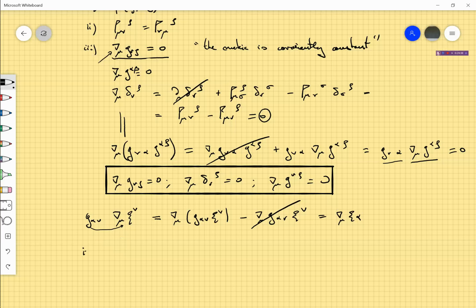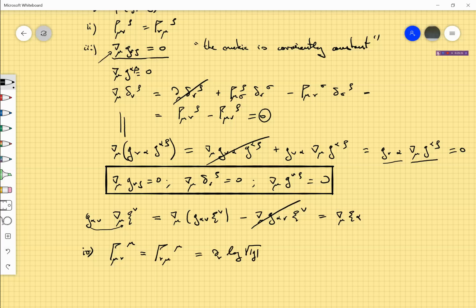Another property which is very useful is that if you contract one of the upper and one of the lower indices, then what you get is the partial derivative of the log of the square root of the absolute value of the determinant of the metric. I remember I used these bars to say that I take the absolute value.